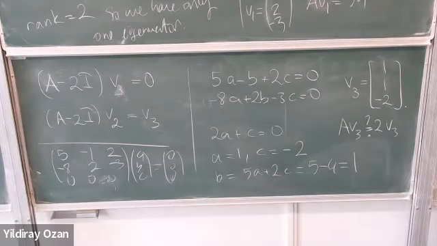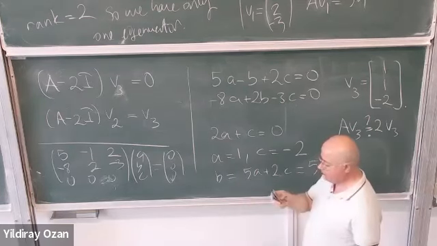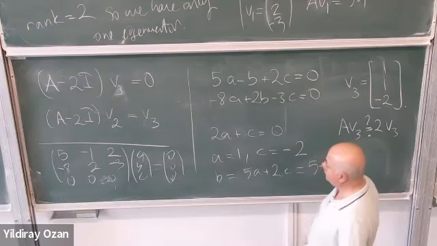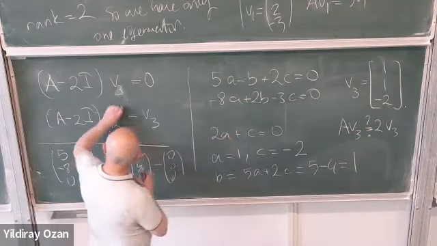Peki, B2'yi nasıl bulacağız? How can we find B2? Hocam, is that in the kernel of A minus 2 identity square? Yeah, we can do it this way, but we have to find this B2.